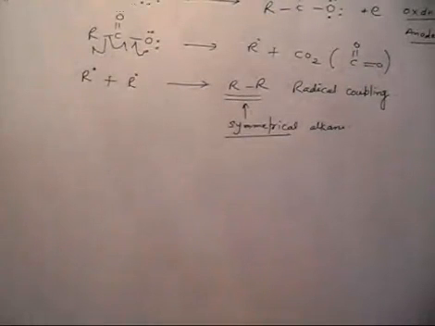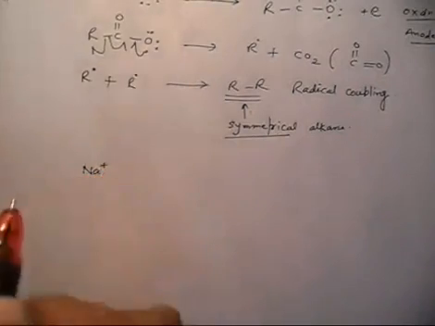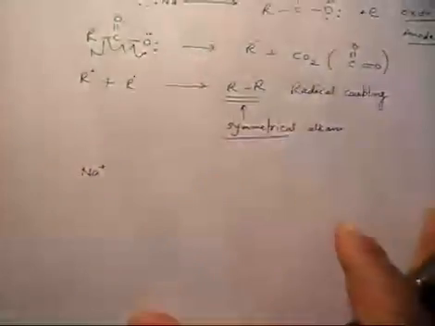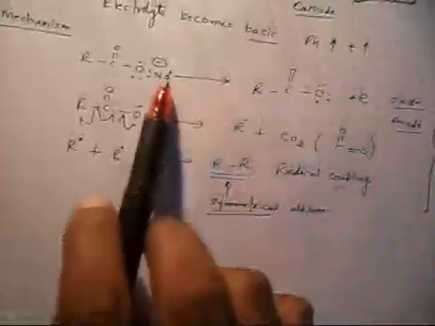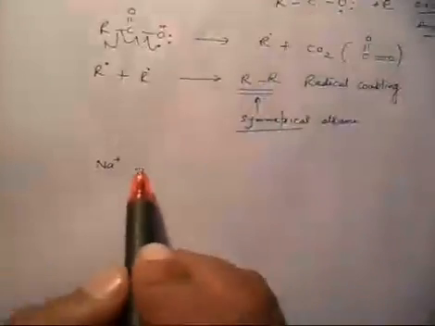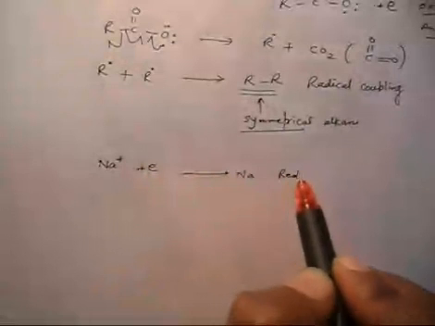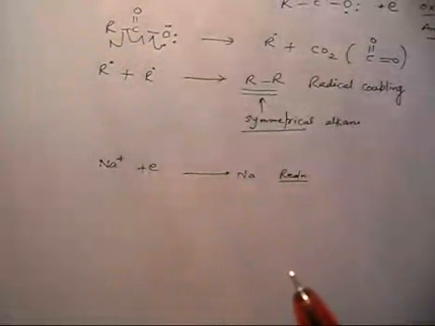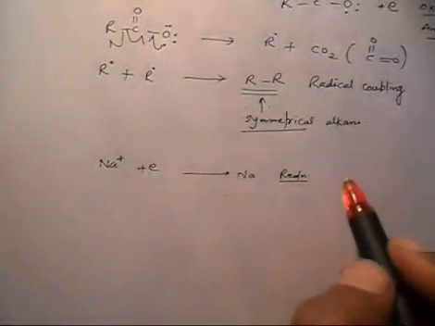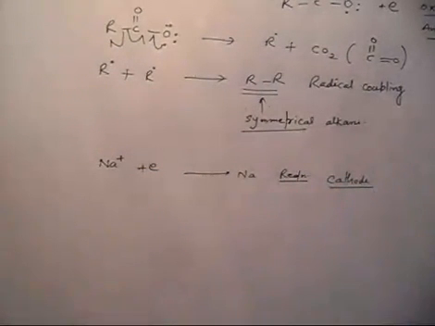Now what is happening in the cathodic compartment? In the reaction vessel there is also Na⁺, one for each RCOO⁻. This Na⁺ takes one electron and forms Na, so this is a reduction reaction, and reduction happens at the cathode.